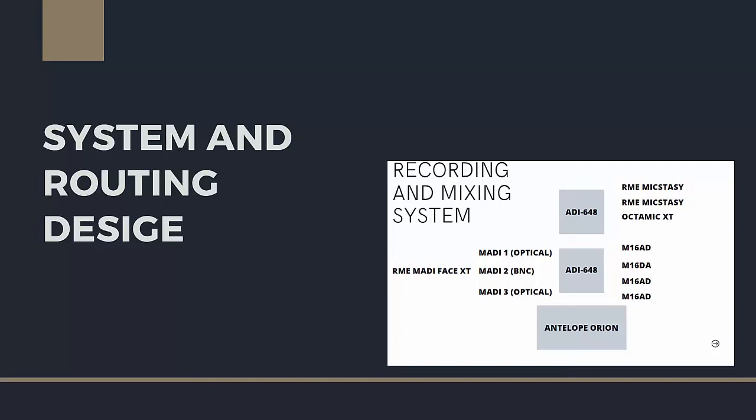But when I thought about it clearly, AVB and Dante are IP-based systems. So that's why I'm choosing the MADI system, because MADI is a point-to-point system. In my opinion, I think it's more useful and easier in a studio.